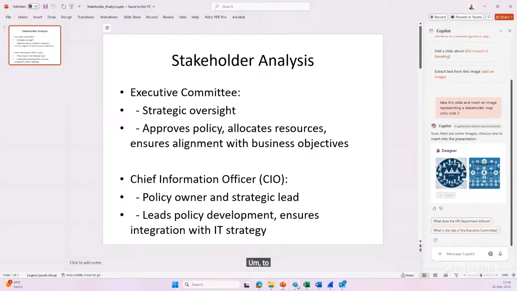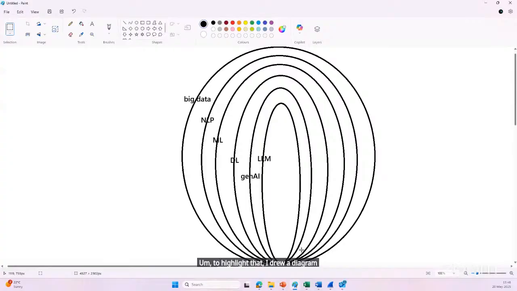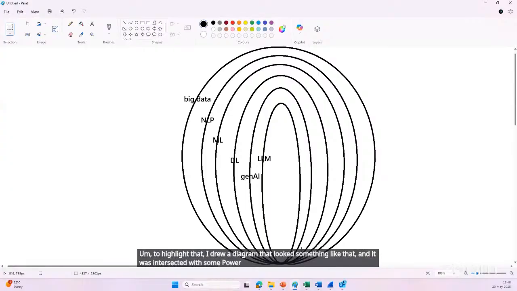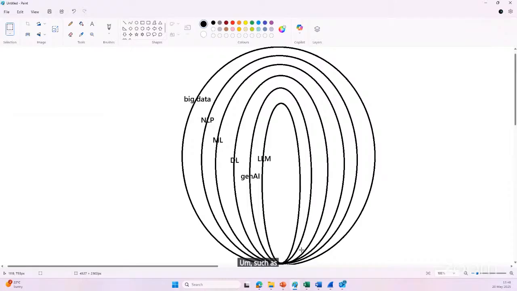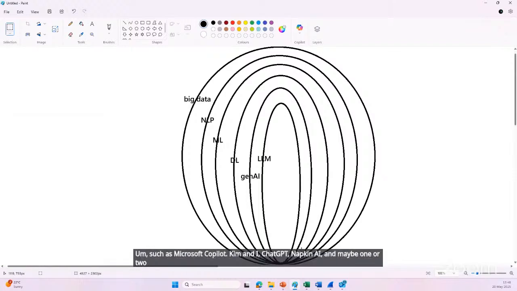To highlight that, I drew a diagram that looked something like that, intersected with some PowerPoint and some demonstrations using different AI services, such as Microsoft Copilot, Gemini, ChatGPT, Napkin AI, and maybe one or two others.